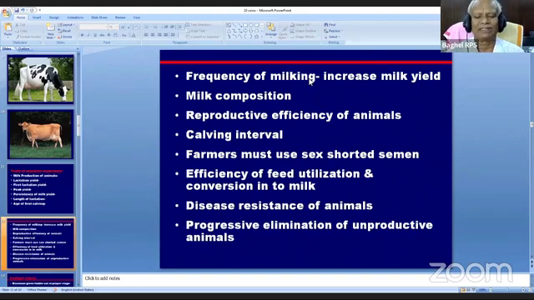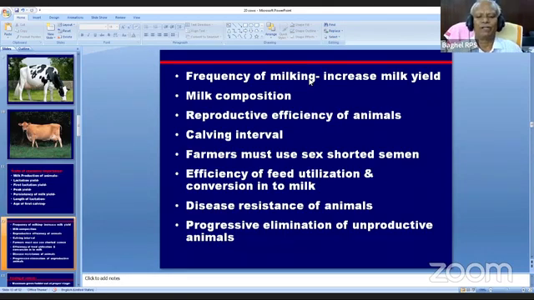By using sex-sorted semen, around 90% of the calvings will be female only. So that will be highly economical for you. No doubt it is costlier than normal semen, but the problem regarding males is mostly avoided.